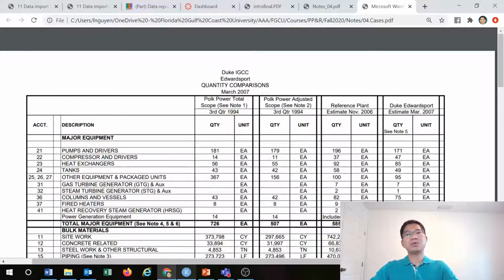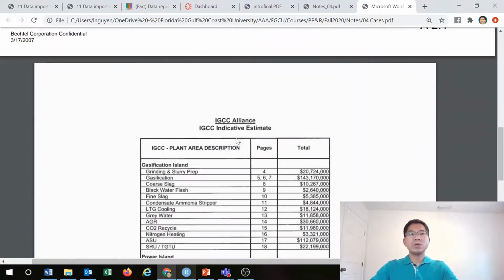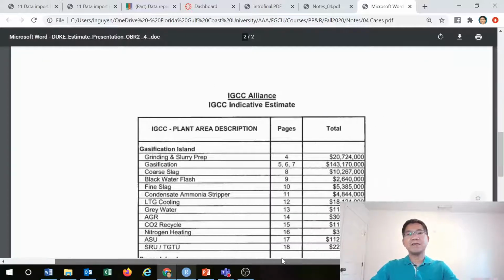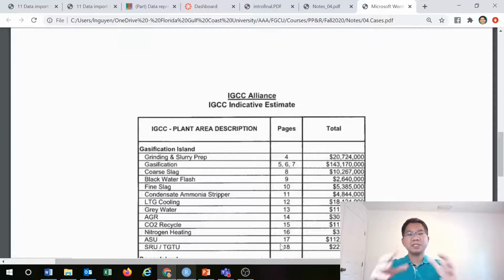In this case, historical data is a power plant built in 1994 in Florida. And then with that, they come up with the estimate, an indicative estimate, so basically very early stage for this industrial project.